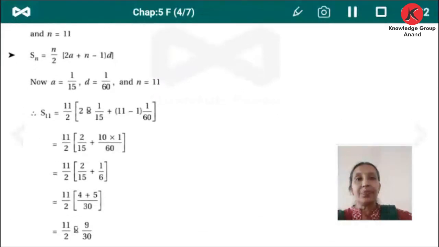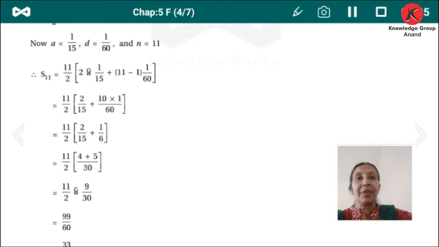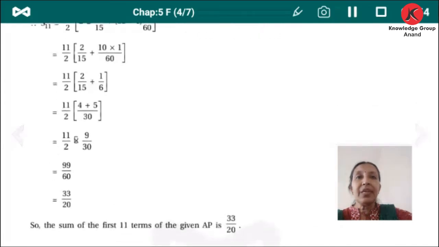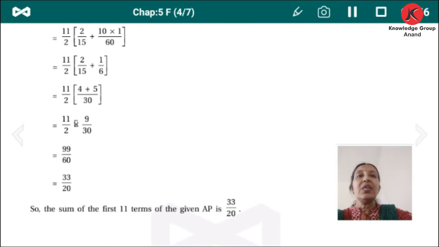Here, 11 by 2 into (2 by 15 plus 10 into 1 upon 60, that means 1 upon 6). 2 by 15 plus 1 upon 6, taking LCM 30, is 4 plus 5, which is 9 by 30.